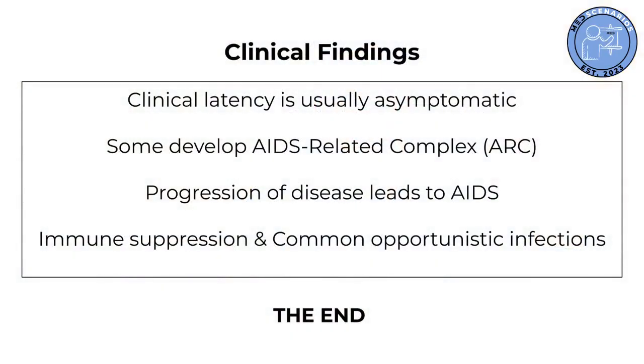If a person has a low viral set point, it will happen later in life. If they have a higher viral set point, it will happen earlier in life, and will lead to immune suppression. And common opportunistic infections can attack a person with AIDS, and eventually, if they're not receiving treatment, they will get multiple diseases at the same time and multiple cancers, thereby leading to death.